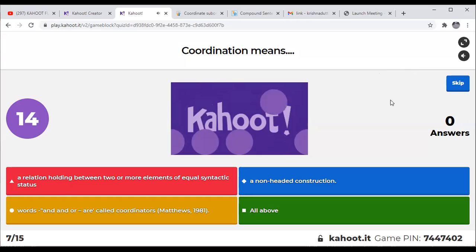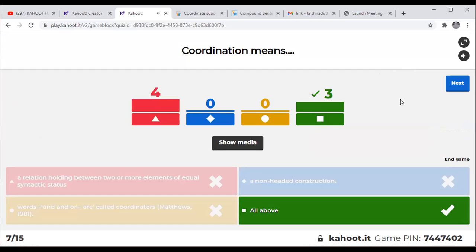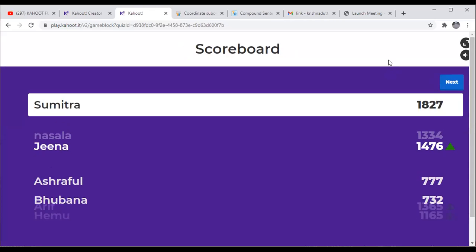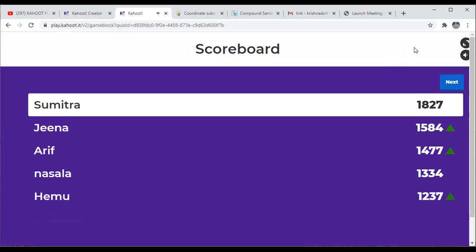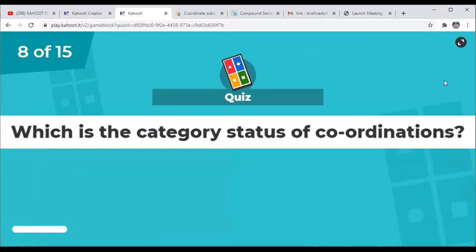Four options are given. Oh, you got three answers correct. Again Sumitraji at the top, followed by Jinaji now. Then Arif sir went up. Let's see the next one.